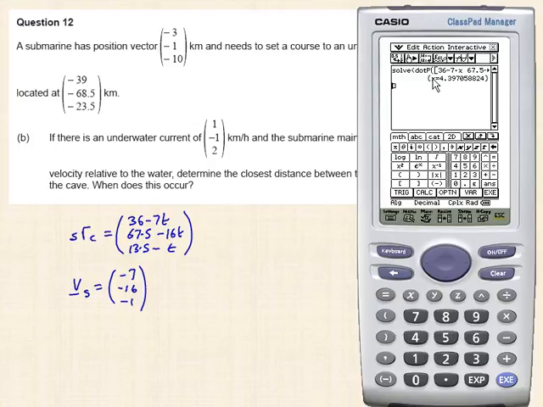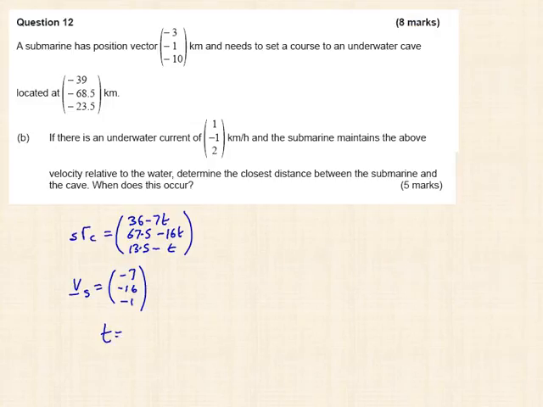Okay, and this is the solution to equal 0, even though we didn't get around to putting the equal 0 in here. So 4.397. And remember, that's the solution to the dot of these being equal to 0.